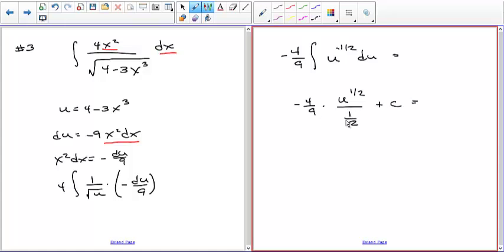And if you take the reciprocal of this, you multiply, instead of divide by half, you multiply by 2, so you get negative 8/9 u to the 1/2 power. So u is 4 minus 3x cubed to the 1/2 power. We said that anytime you have something to the half power, you rewrite it back as a square root.